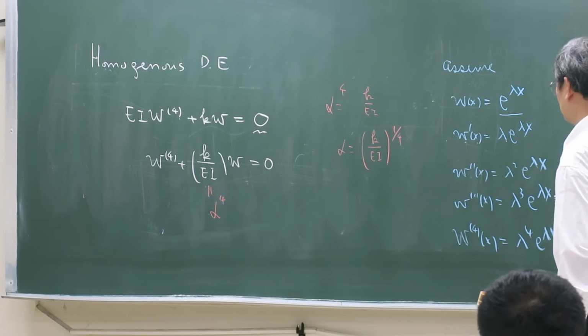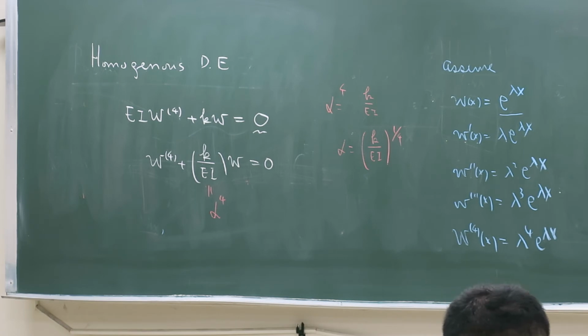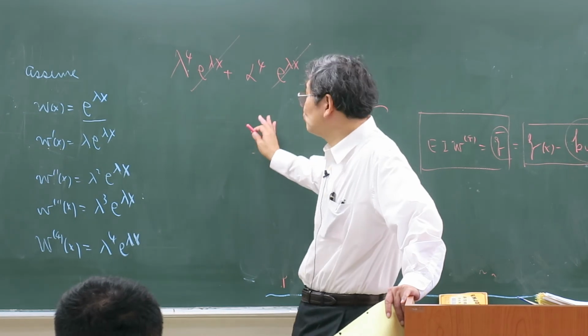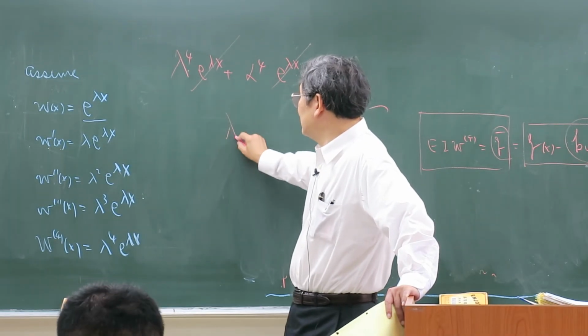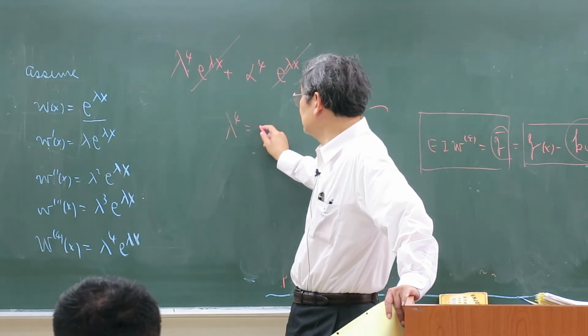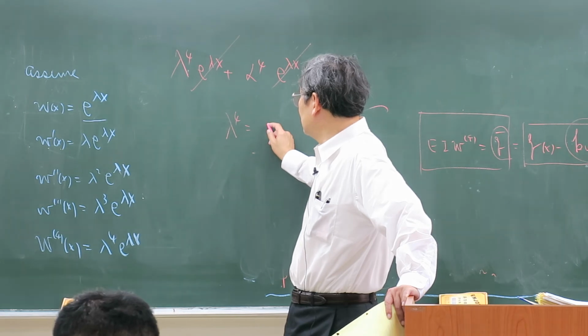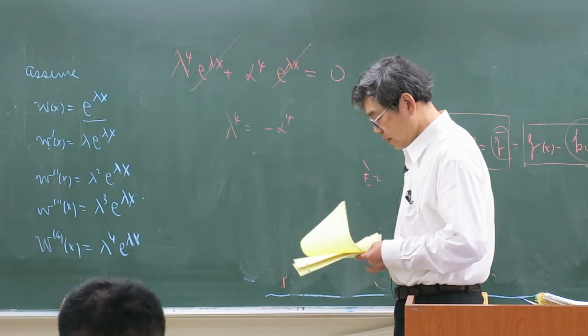Okay, so we get lambda to the fourth e to the lambda x plus alpha to the fourth e to the lambda x equal to 0, and we can cancel e to the lambda x because it's positive and non-zero. So we have lambda to the fourth equal to minus alpha to the fourth.